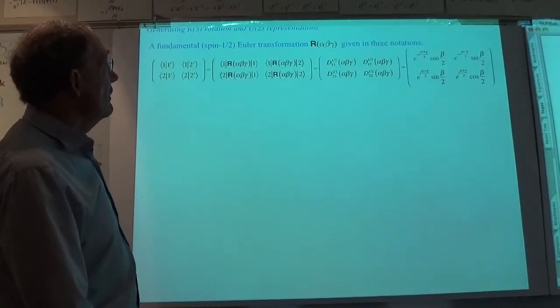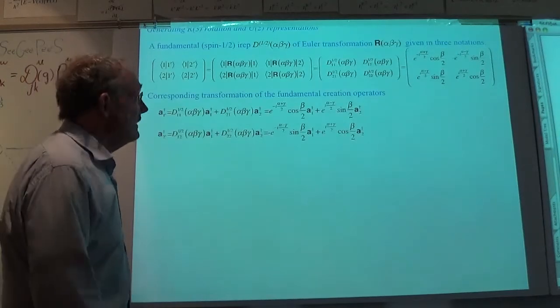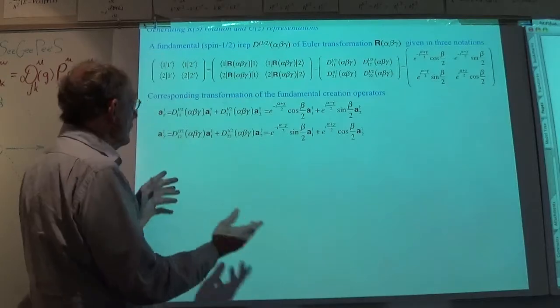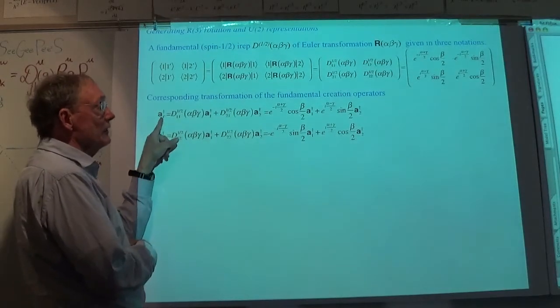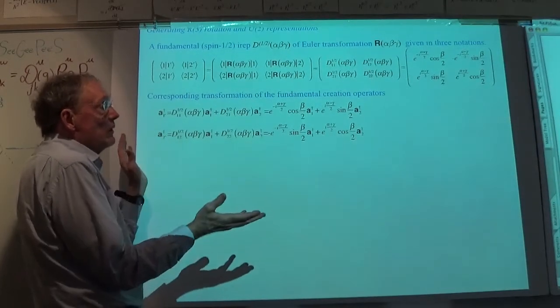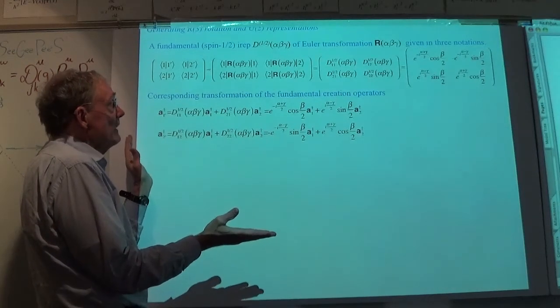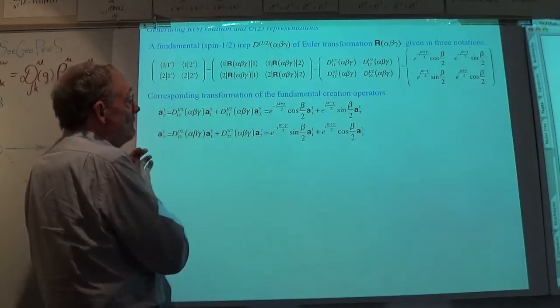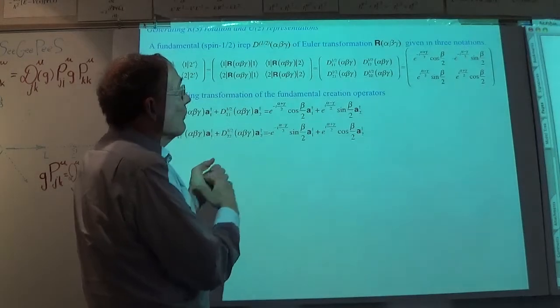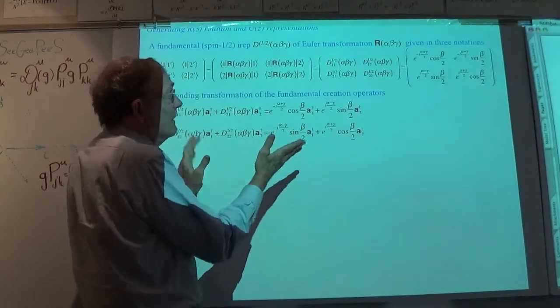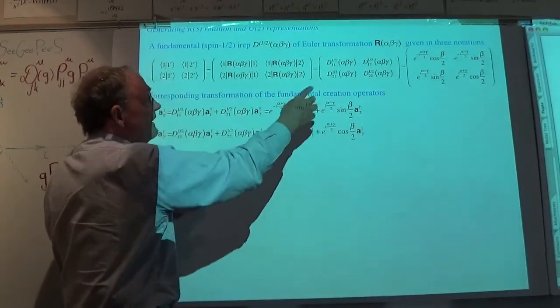Okay, now as I said, what I'd like to do is generate all of the others using creation operators, the powers of them. But I'd like to do it for any operator, any direction, any alpha, beta, gamma.